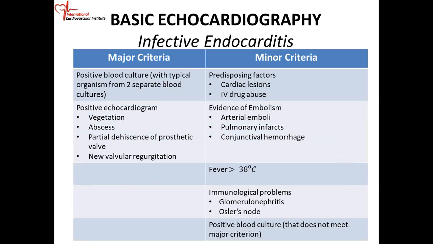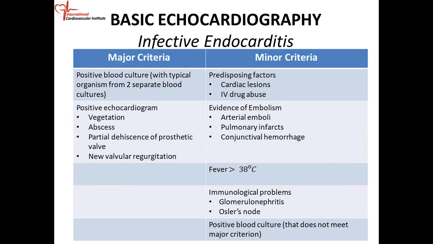That is, a portion of the lungs would be necrotic, would die because of the blockage of the blood supply. Conjunctival hemorrhage. So these are evidence of embolism.